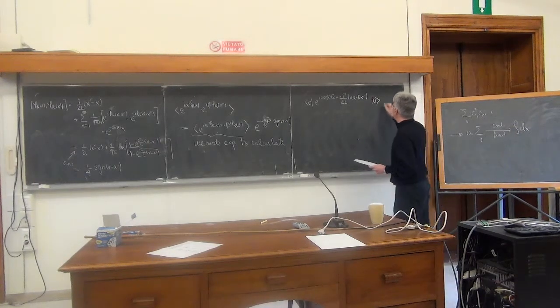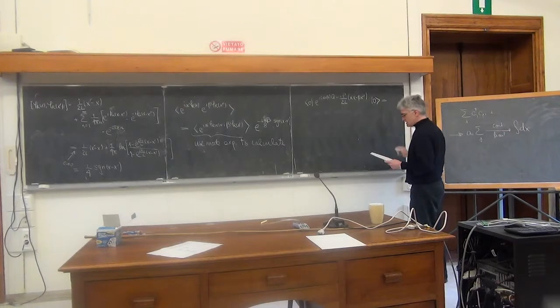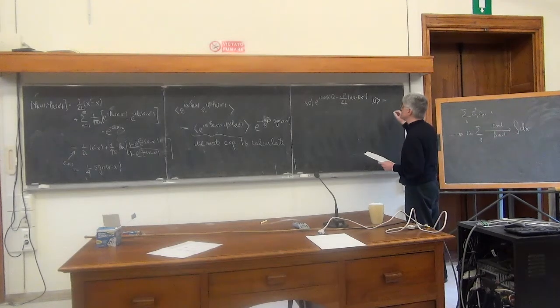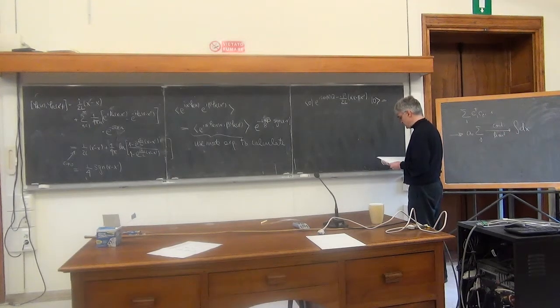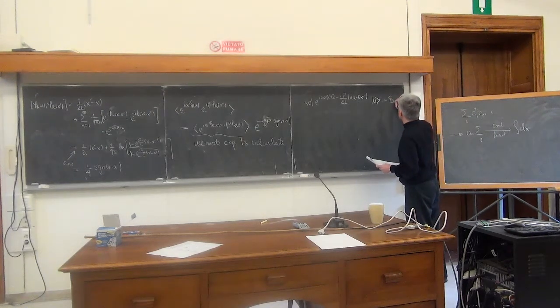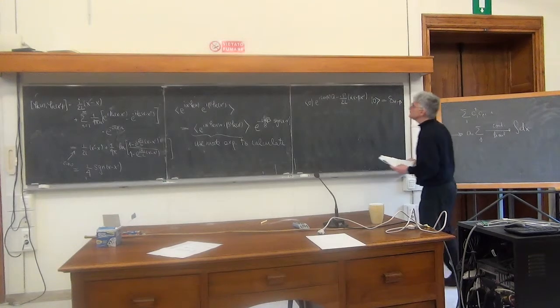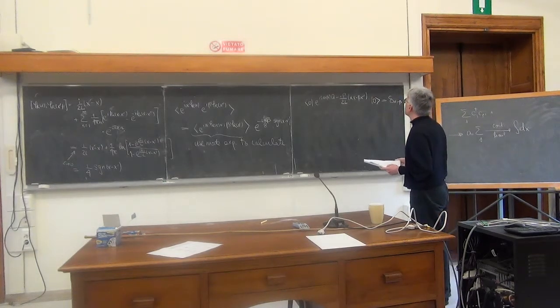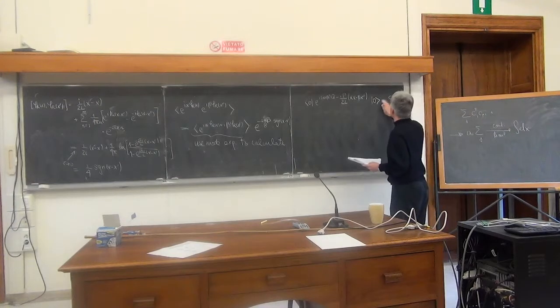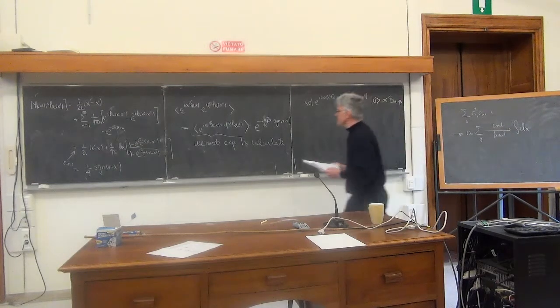Okay, and so this turns out to be 0 unless alpha is equal to minus beta. So it's at least proportional to delta alpha minus beta.